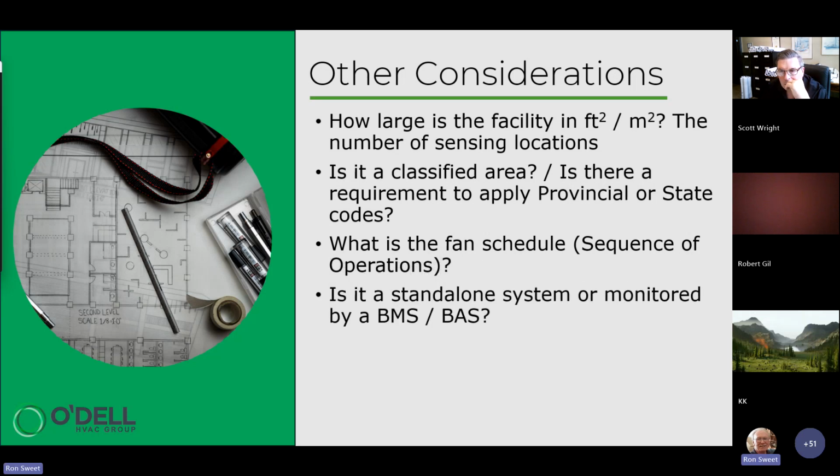Is it a standalone system or monitored by a building management system or building automation system? When you're setting out to design a gas detection system, knowing as much as you can know up front and asking all the right questions allows you to have a design capability right from the beginning.